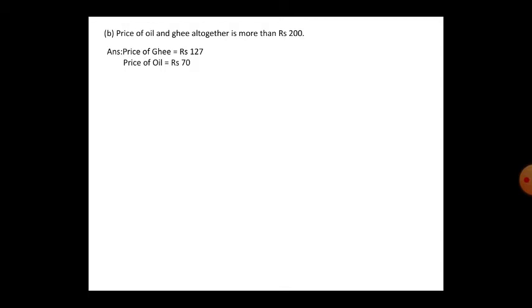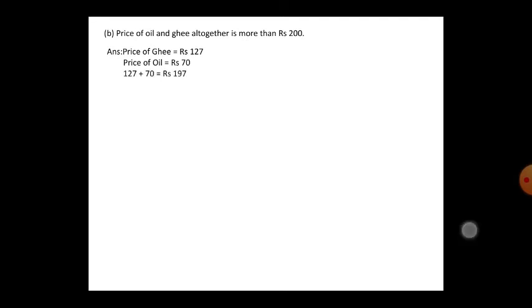See, here the price of ghee is given. Write this question in your textbook itself. Price of ghee is 127. Price of oil is 70 rupees. If you add both, will you get more than 200? Let me check how much. If you add both you will get 197.